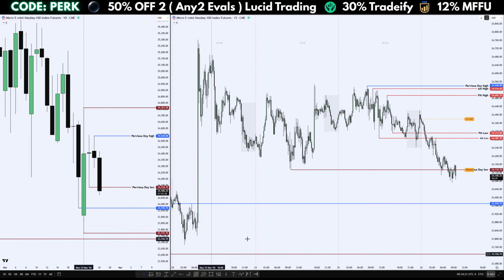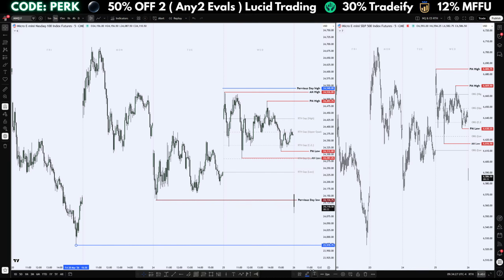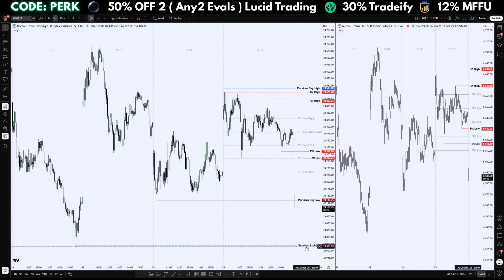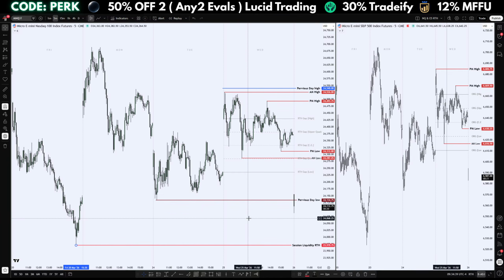So let's see how the price is going to react. This is the RTH liquidity again. Not much higher than 13%. Okay. I think it is okay, right?